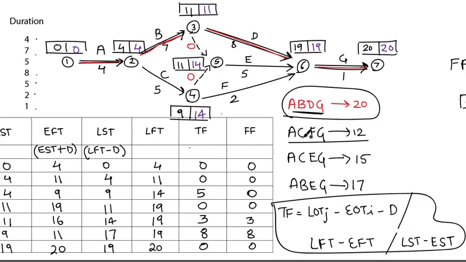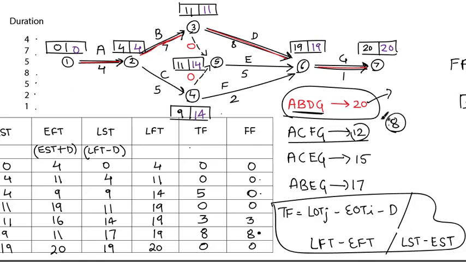Activity A has free float 0, C has free float 0, F has free float of 8 days, while G has free float of 0. All the activities should be completed by day 20, but in this path it will be completed by 12 days. So there is a relaxation time of 8 days.